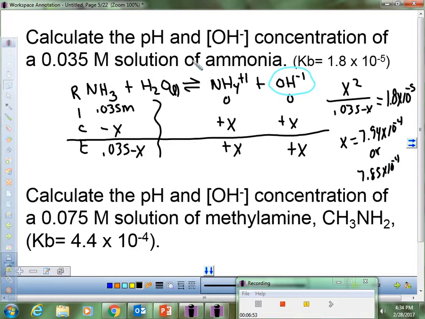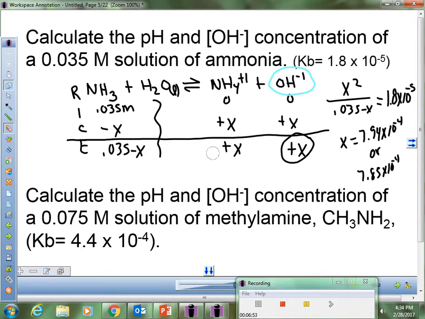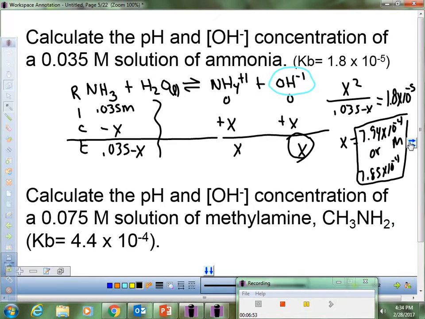Now, one of the questions is what's the hydroxide concentration? Well, our x is our hydroxide. So there's our hydroxide concentration, either one of those. And now to find the pH. Well, that's hydroxide, not hydrogen.